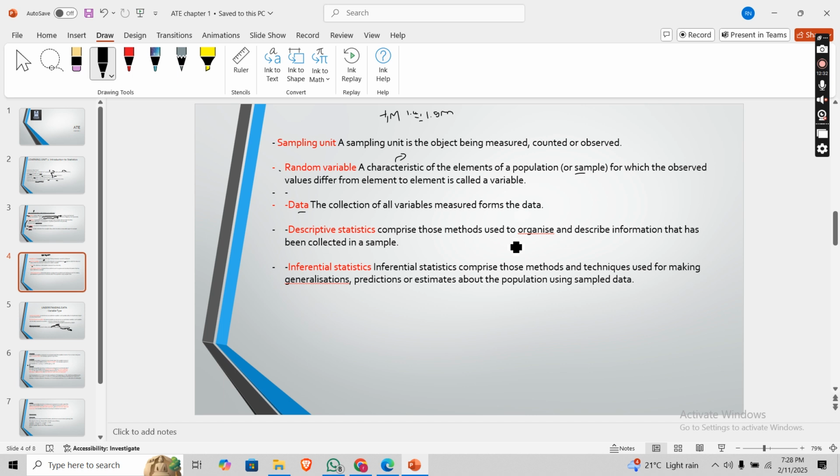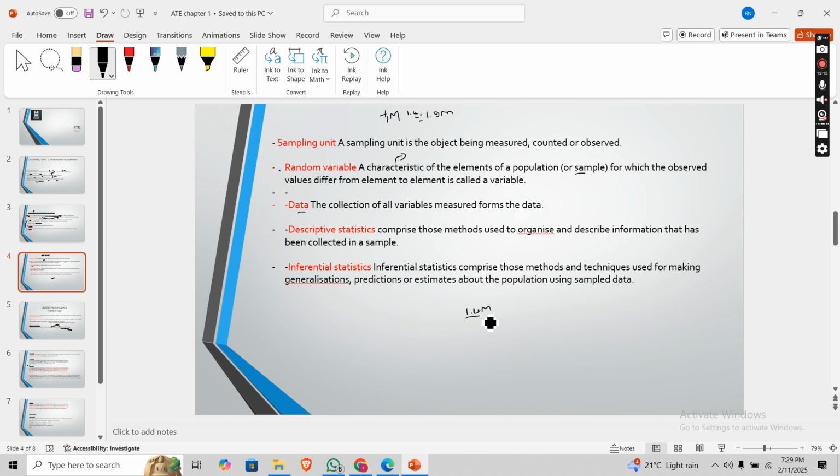And also, in contrast, we have inferential statistics. Inferential statistics comprise those methods and techniques used for making generalizations, predictions, or estimates about the population using the sample data. A simple example would be, if I take a sample of 10 students from 50 ATE students, and I calculate the average height of those 10 students, and the average height of the sample data would be maybe 1.4 meters.